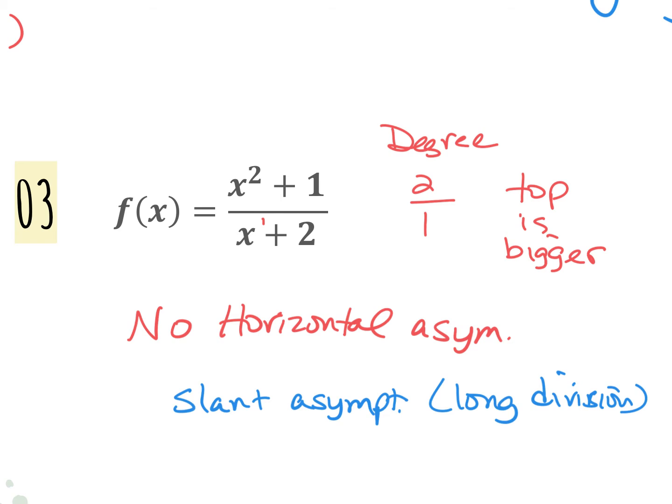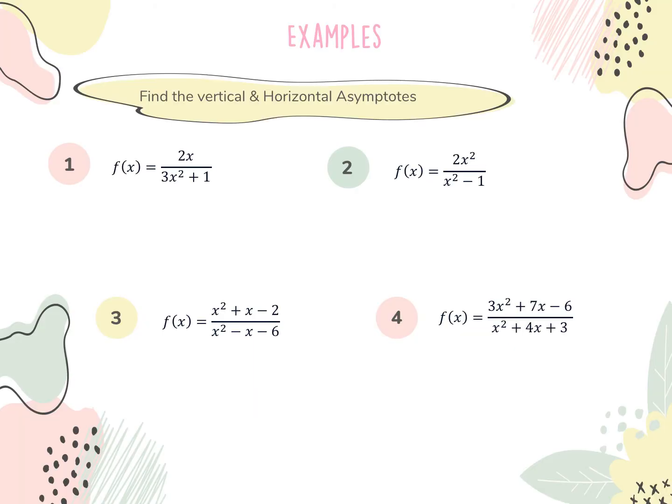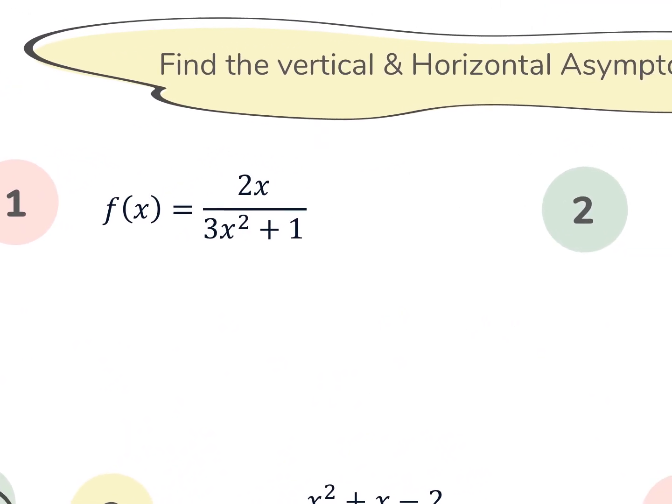The next examples, we're actually going to find both now. We're going to find both the vertical and the horizontal. So let's first go ahead and find all the horizontals. Then we'll go back and do all the verticals. So again, for the horizontals, we look at the degrees. So this has a degree of 1.